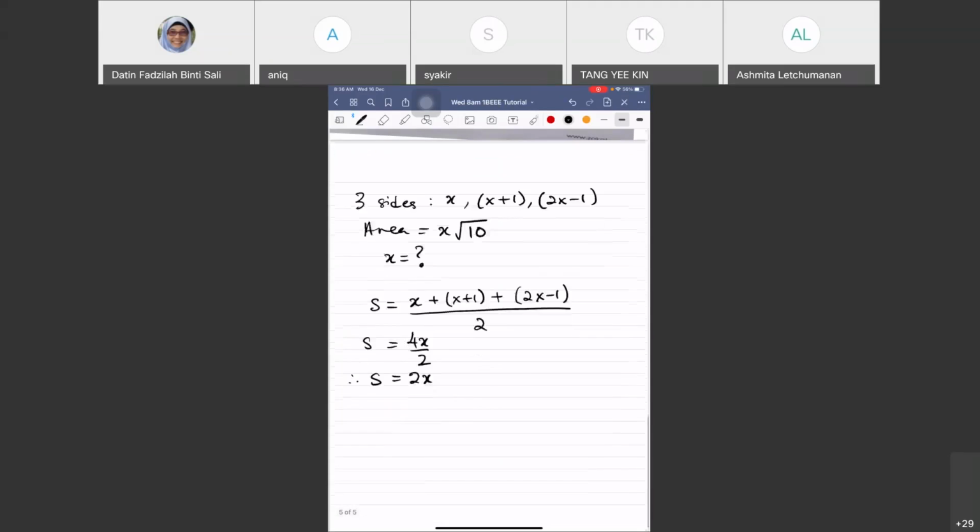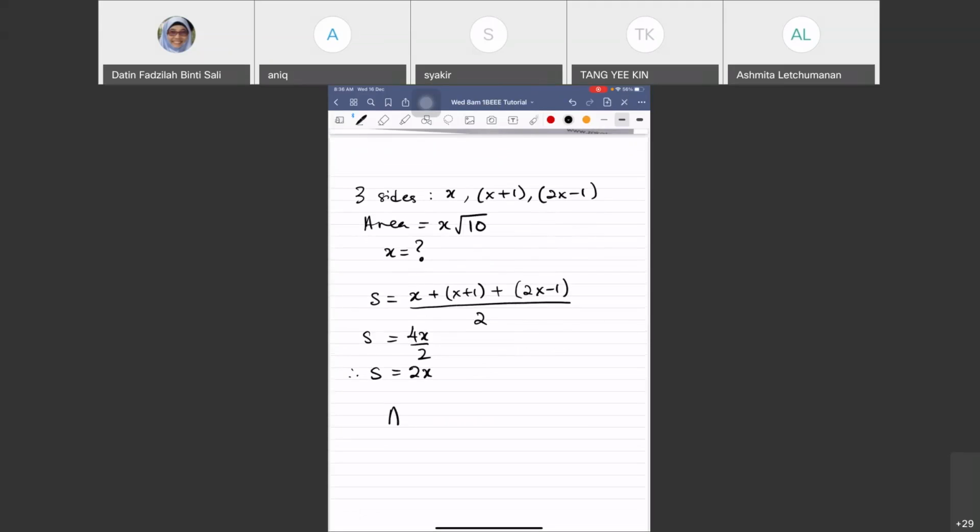All right, so then you have a formula for area using Heron's formula, where you have your s times s minus a times s minus b times s minus c. So just do the same thing. So s times s minus x first, then s minus x plus 1 times s minus 2x minus 1.